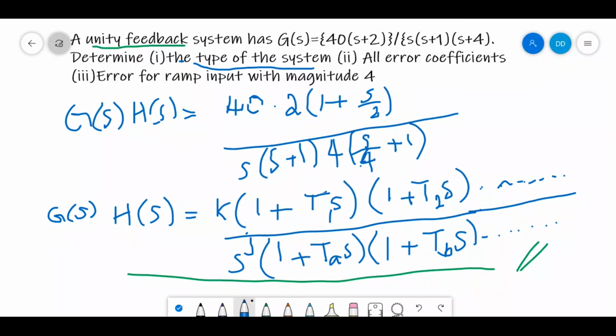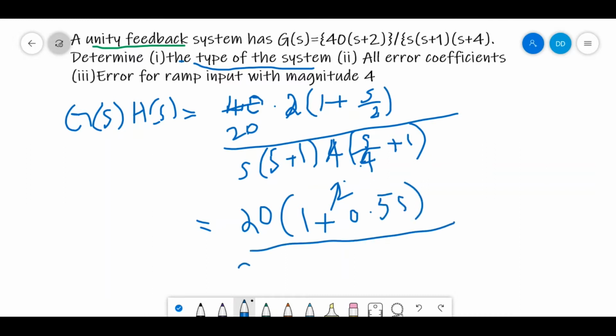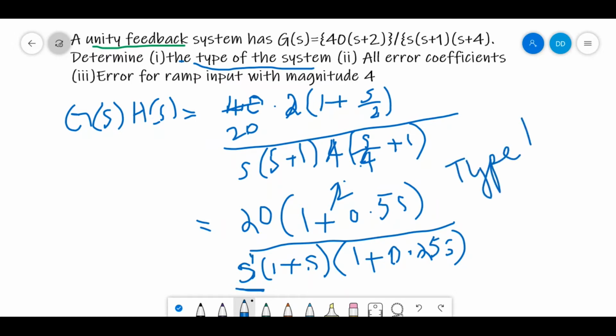Cancelling, 40 times 2 over 4 gives 20, so we get 20 into 1 plus 0.5 S divided by S into 1 plus S into 1 plus 0.25 S. So we have arrived at the standard form, and you can see in the denominator S has power 1. That means this is a type 1 system.